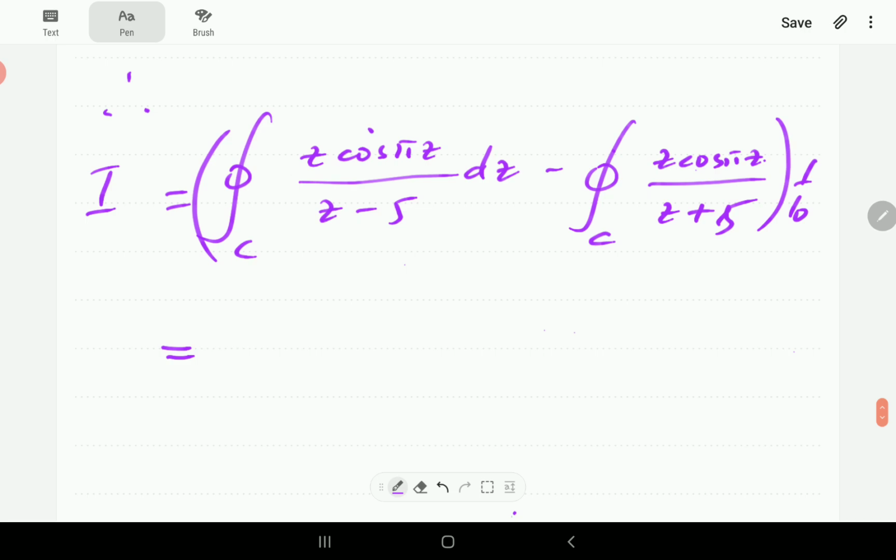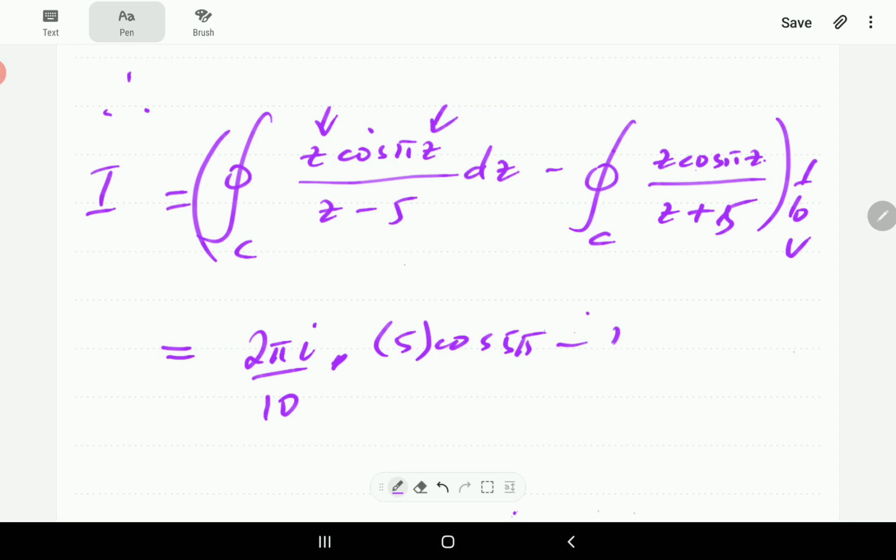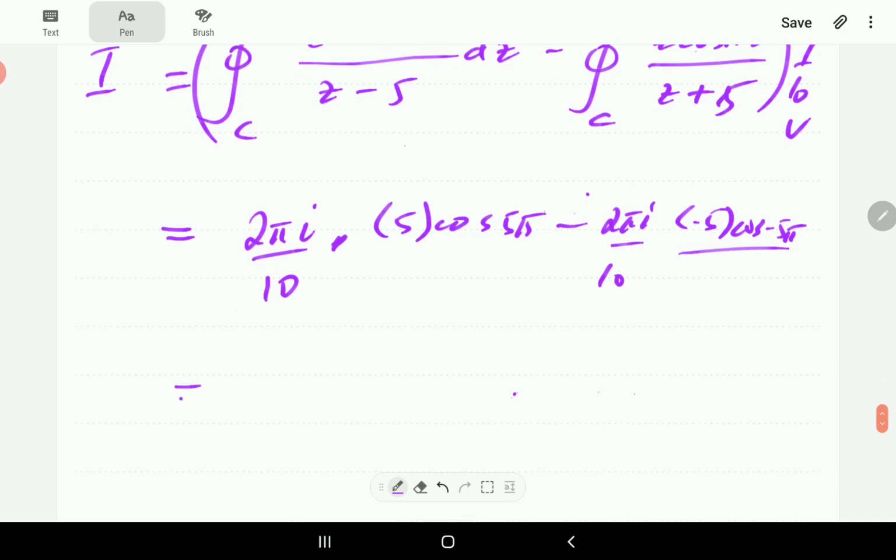So there is going to be 2 pi i over 10, this 10 here, times f of z naught, which is 5, so plug in 5 here, and plug in 5 there. Take away 2 pi i over 10, then we're going to have negative 5 cosine negative 5 pi, and that's it. So let's see how this works out. It may not give us 0.